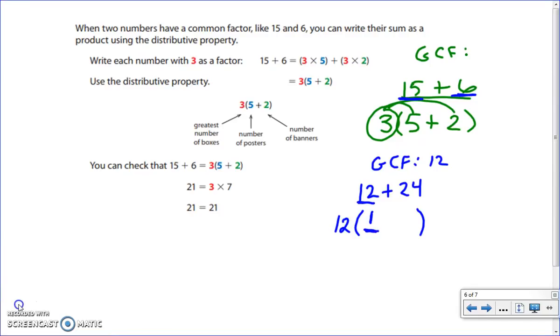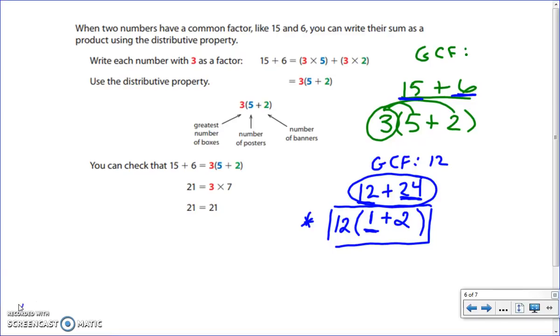I know that 12 times 1 would equal 12. I also know that 12 times 2 would equal 24. So how I expressed this with the distributive property will give me the same sum as 12 plus 24. Okay? So this is explaining that.